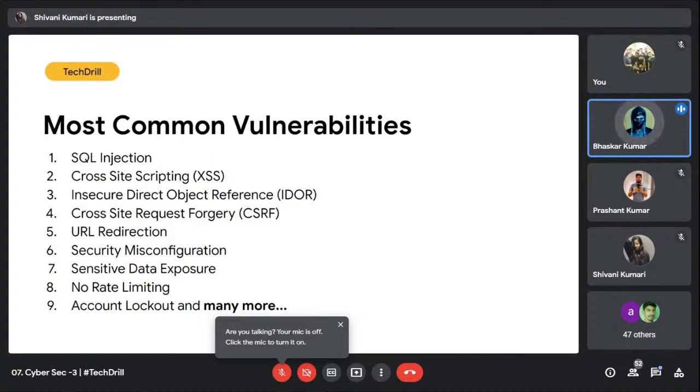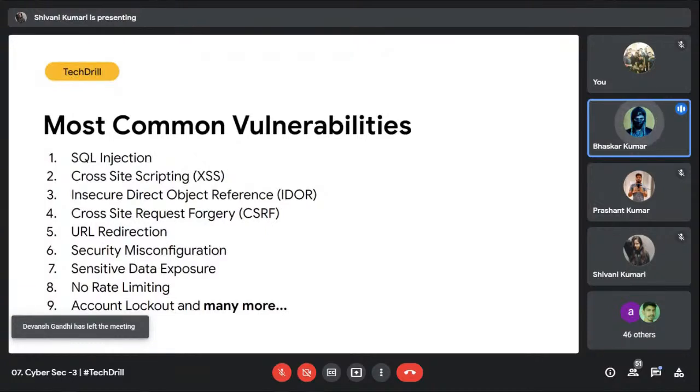But if there's a CSRF, if you click a button in website A, something goes on in website B. So a CSRF attack can be achieved, for example, almost 2 years back.